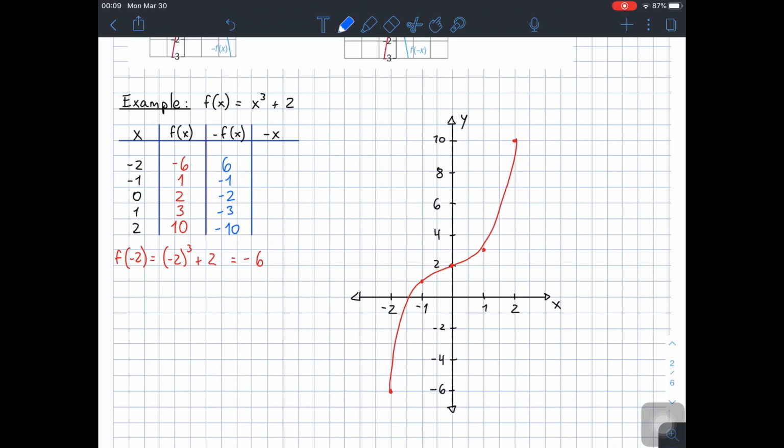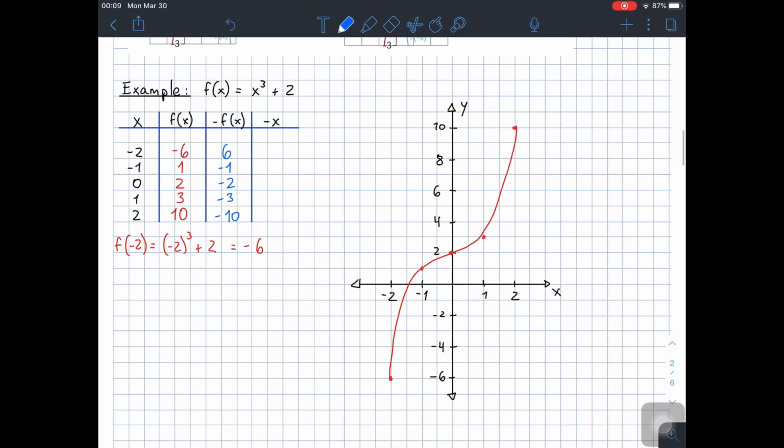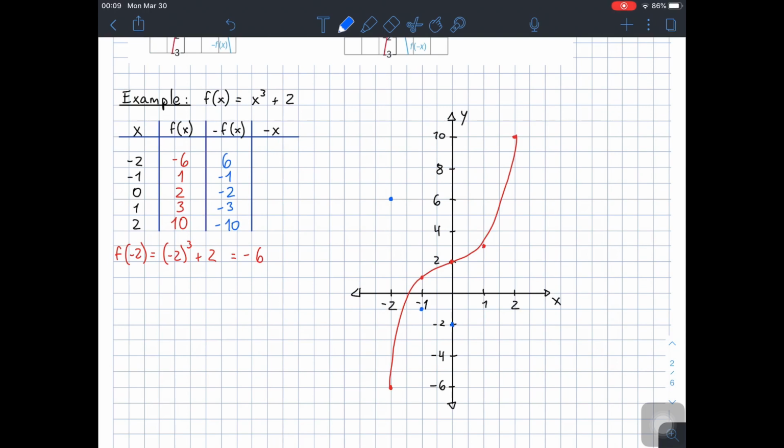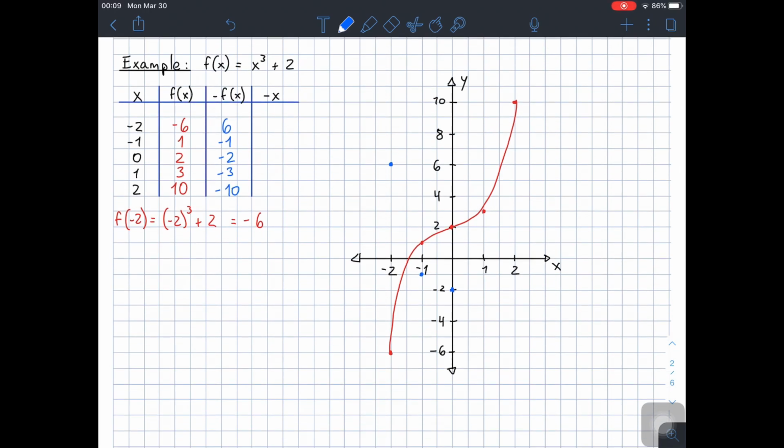Negative 2 and 6, that's around here. Then negative 1 is here. Then we have 0, negative 2, which is here. Then we have 1, negative 3. That's here. And finally, 2 and negative 10.